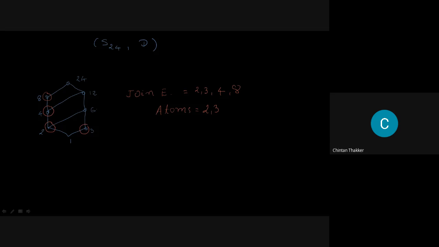Okay. So join irreducible means if we draw the hash diagram, the elements where only one line comes from the downside are called join irreducible.